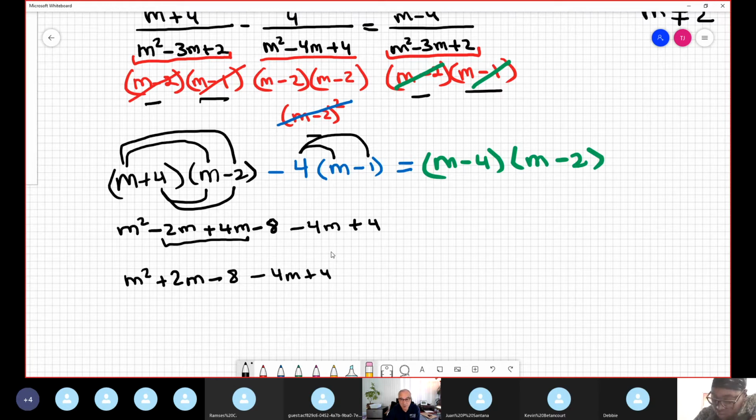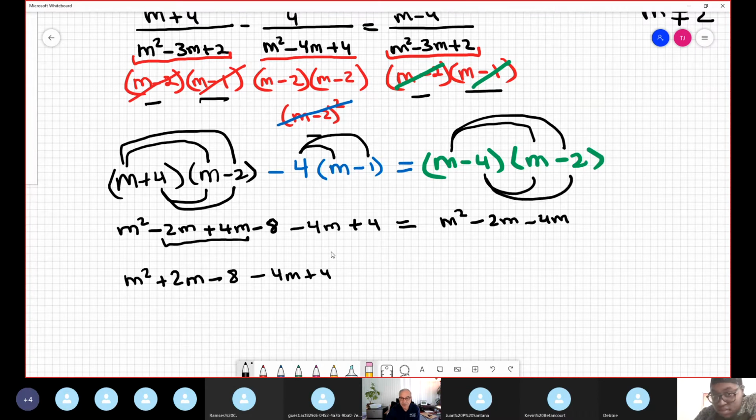And here, FOIL again, binomial times binomial. m squared on the right-hand side, m squared minus 2m minus 4m plus 8. And so far we have on the right-hand side m squared minus 6m plus 8.